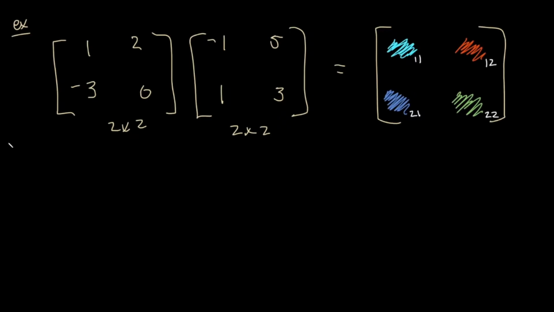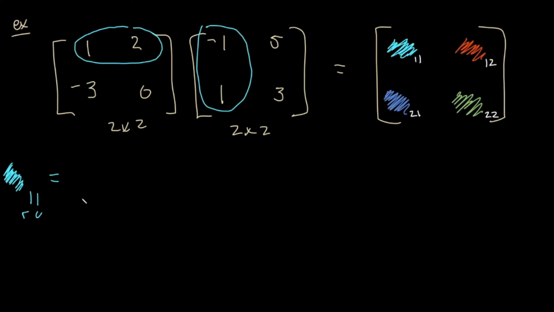So let's find the cyan element. Cyan, that's row 1, column 1. Now the reason I ask to index these is because this helps. If I want row 1, column 1, that means I'm going to have to use row 1 of the first matrix and column 1 of the second matrix.